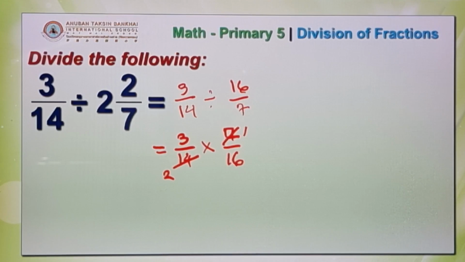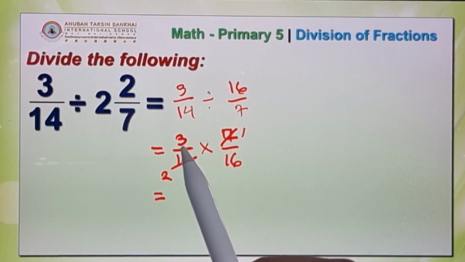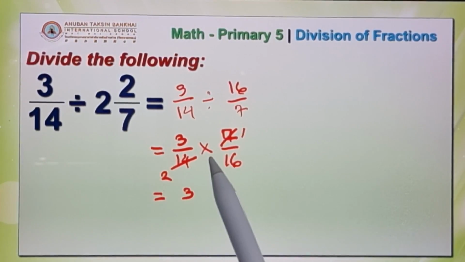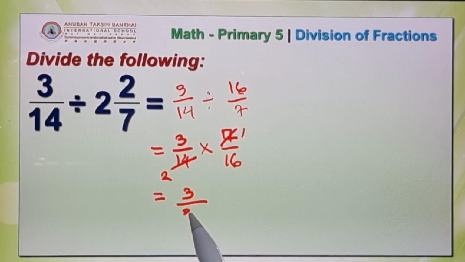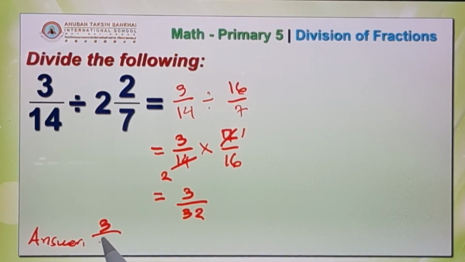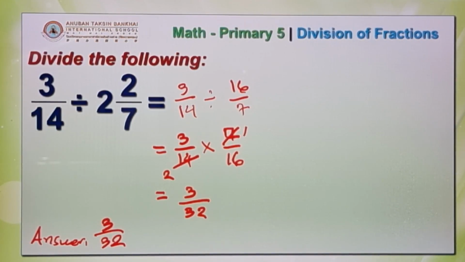No, we cannot cancel anymore. So let's multiply now. 3 times 1, we have 3. 2 times 16, we have 32. So our final answer is we have 3 over 32. Okay, so that's a very, very easy problem.